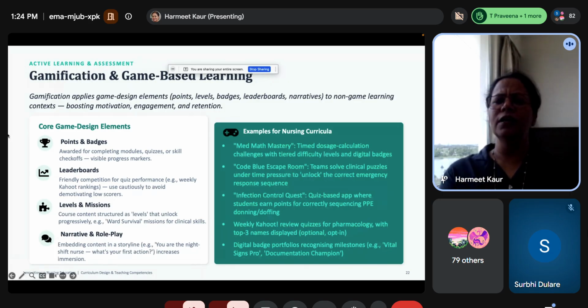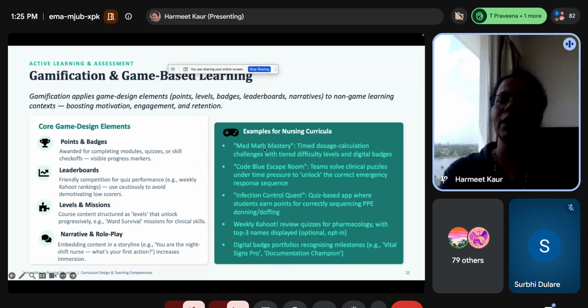There are different kinds of tools available online, like Math Mastery, particularly for dosage calculation of medications, which is very useful for child health. You can prepare quizzes for the students.